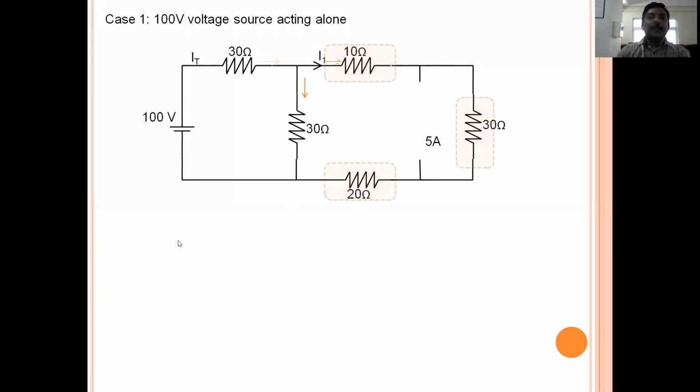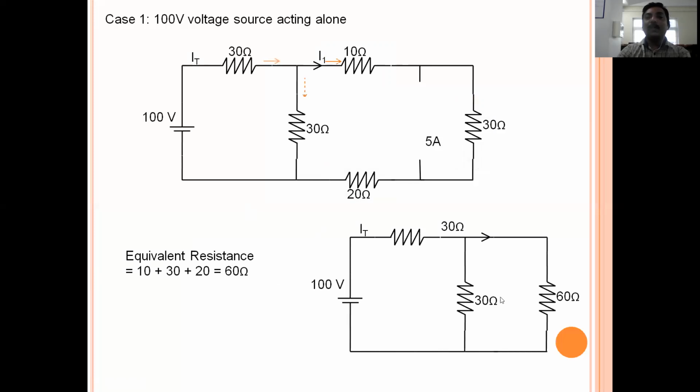So the equivalent resistance is 10 ohm plus 30 ohm plus 20 ohm, equal to 60 ohm. Therefore we can replace these three resistances with a single resistance of 60 ohm, as shown here.